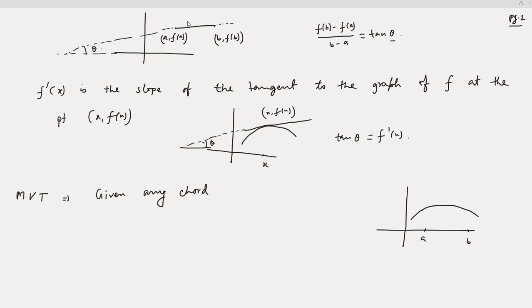Here we have (a, f(a)), and here we have (b, f(b)). Let us denote these points by A and B. Given any chord, what is a chord? The straight line segment joining these two points is a chord.